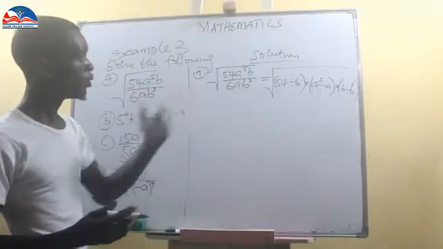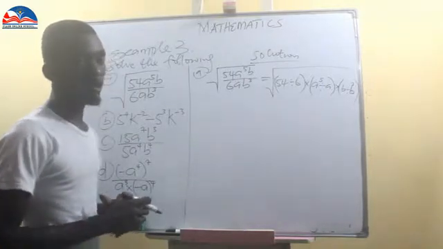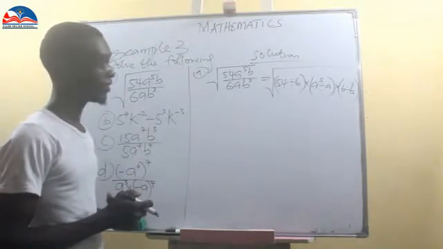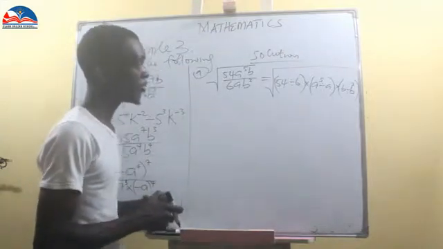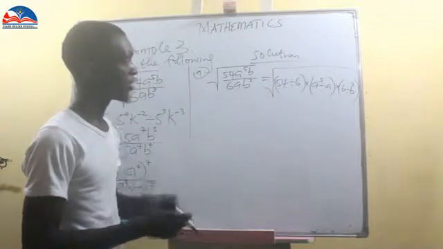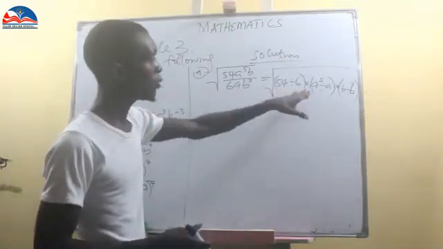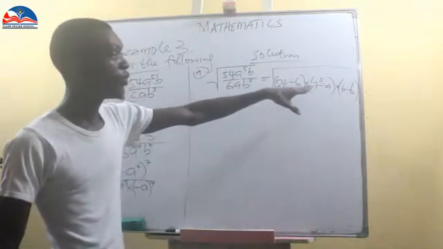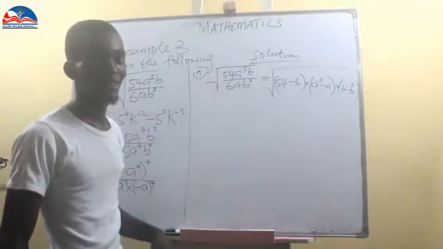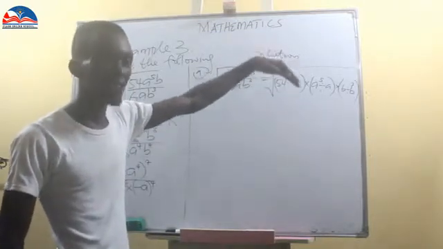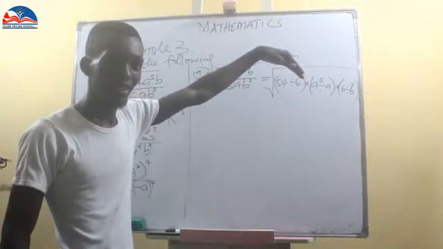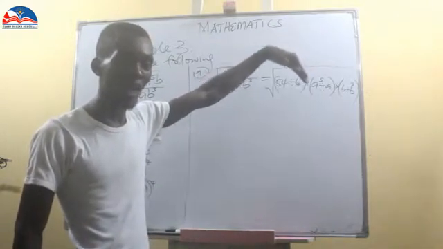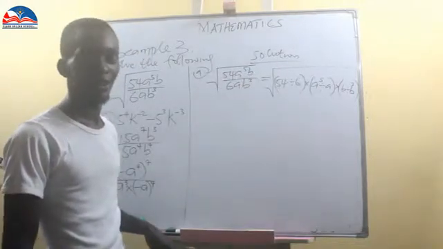So what you do at this junction is, don't forget the laws. The laws of division say that if you have two equal or similar bases, and if two equal or same dividing bases are indexed, you should subtract the two indices.